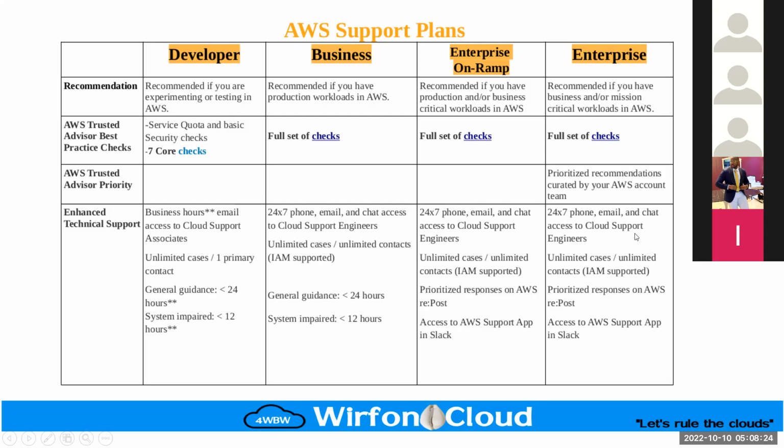The enterprise On-Ramp and the enterprise are almost the same. But if you look, here they have access to a cloud support associate in the developer plan, and here they have access to a cloud support engineer. So you have to identify these differences, because these are the things that will make your exam questions tricky.